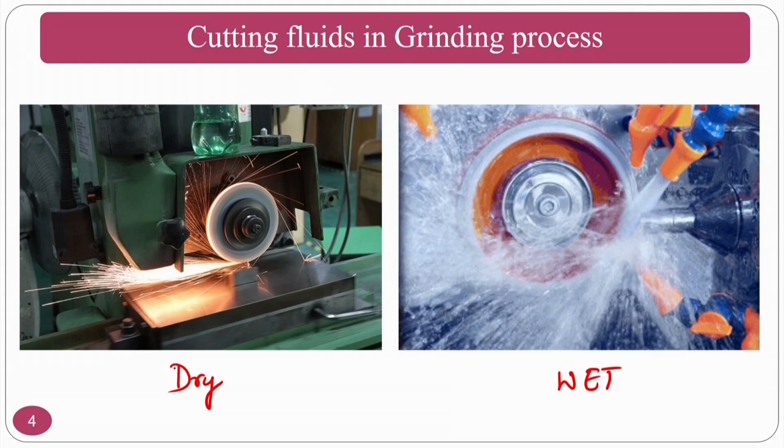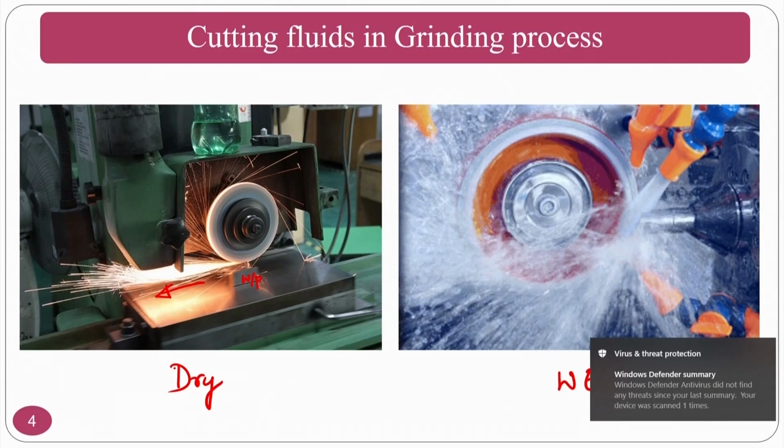The surface morphology and surface metallurgical aspects of the workpiece will go down. This is my workpiece, which is held by the magnetic chuck of the grinding bed. If you see this much spark that is generated, what will happen? The surface will be deteriorated, which we don't want.